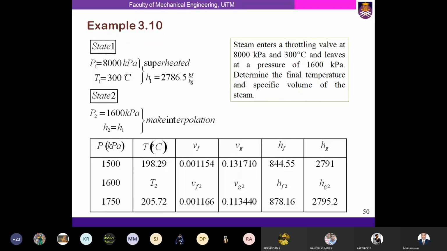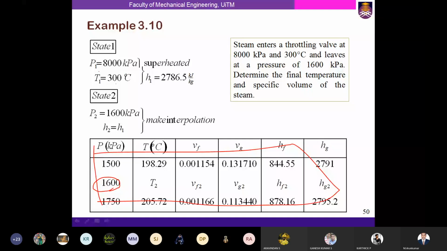There may be no value for 1600 kilopascal in the property table. If the corresponding value of 1600 kilopascal is available in our table, we can take it directly, or else you have to interpolate. So check if there is a value for 1600 in the property table. If there is none, we have to interpolate, then we can take these values.